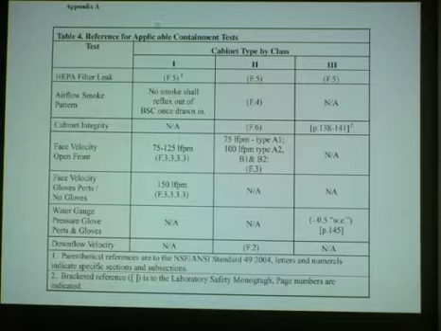Here's another table for containment tests and the references for each test in the standard, that is NSF 49. You have the HEPA filter leak test, airflow smoke pattern, cabinet integrity, face velocity with the open front, face velocity when the sash is down, the pressure differential, and lastly, the downflow velocity.